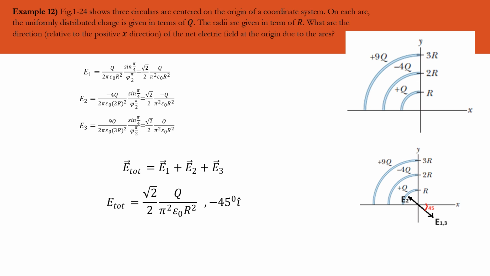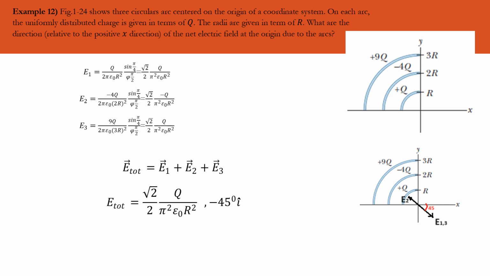The angle that this arc makes is half pi, but in the equation we have phi over 2, that's why here we have sine pi over 4.